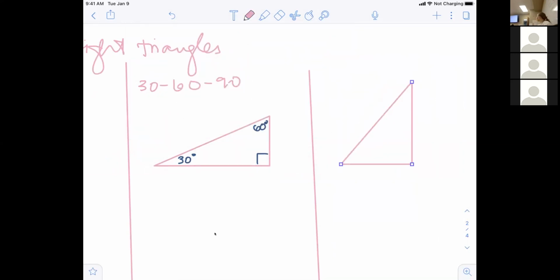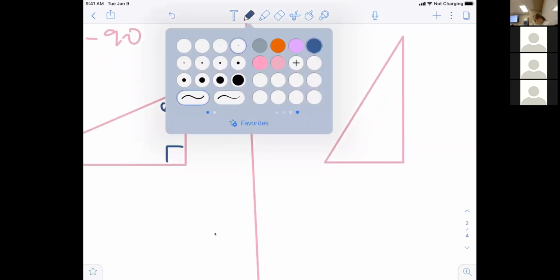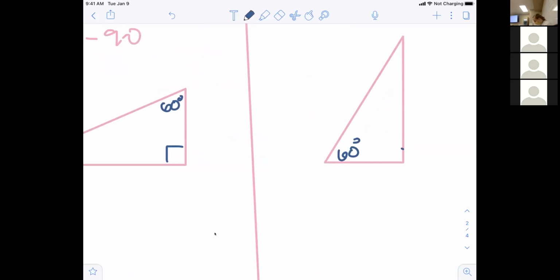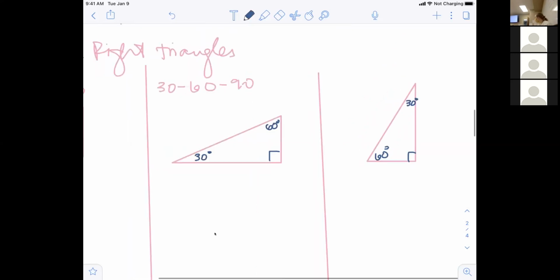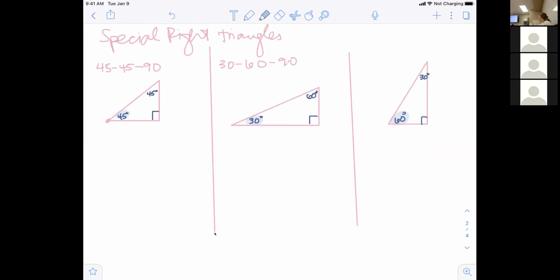I'll try to make it more exaggerated. The last 2 are the exact same triangle, but it's important to know what your area of focus is, and the area of focus is the angle in that bottom left corner. Do you remember the special right triangles? 45, 45, 90, does that ring any bells? 30, 60, 90, does that ring any bells?